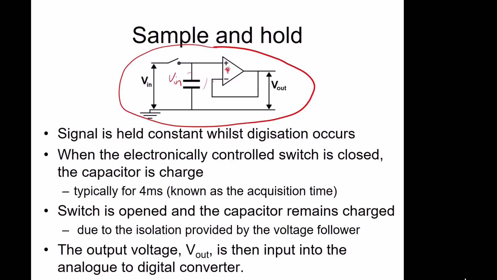However, because it's a unity gain amplifier, the output here is going to be Vin as well. So this voltage Vin is held constant until the digitization process is complete. And then when the next signal is wanted, the switch is closed to put a new value on that capacitor.